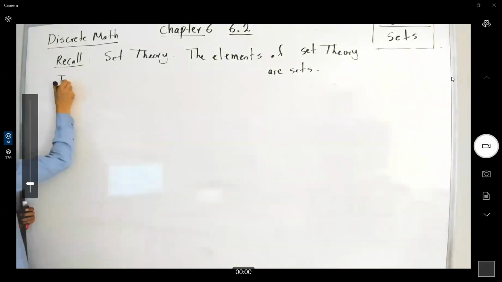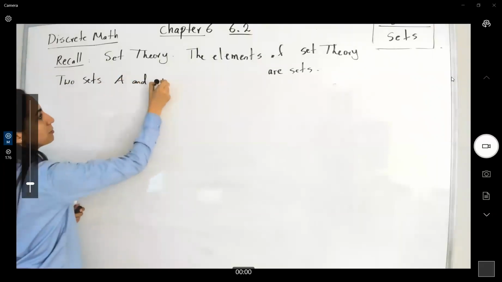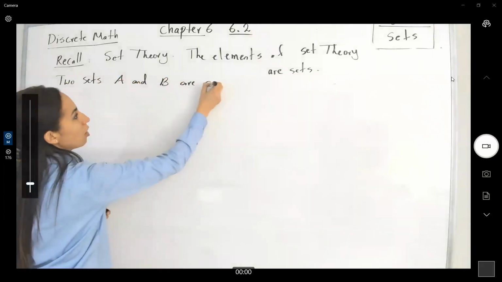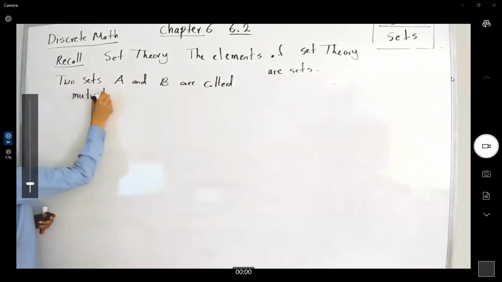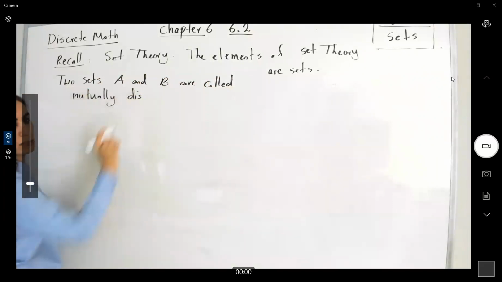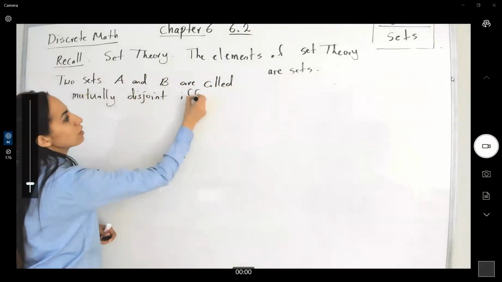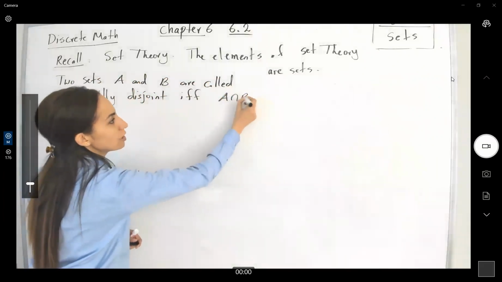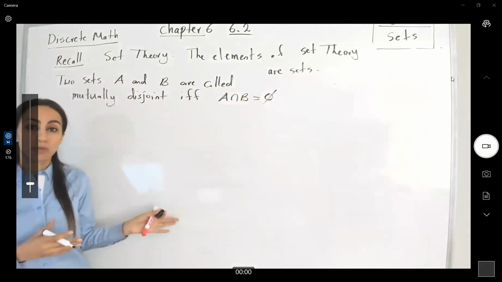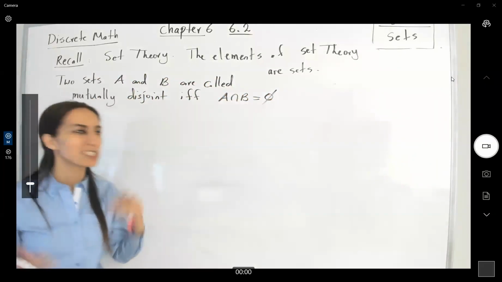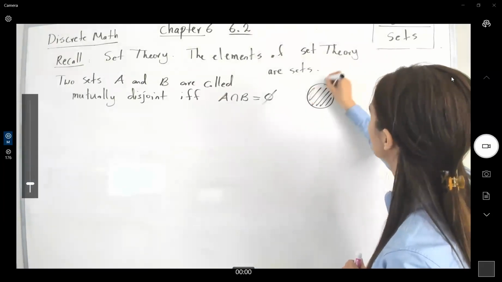Two sets like A and B are called mutually disjoint, or just disjoint, if and only if their intersection is empty. There is no element that belongs to A and belongs to B. They're separated from each other. Like this case, you have set A and set B.